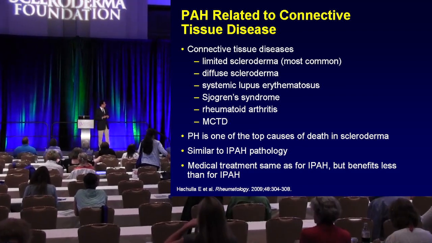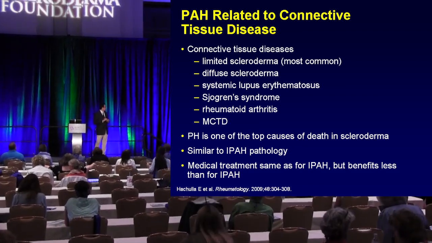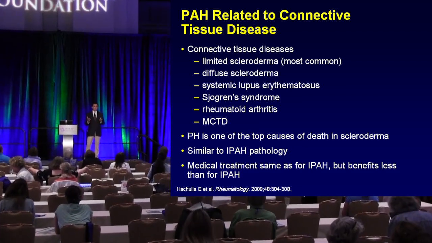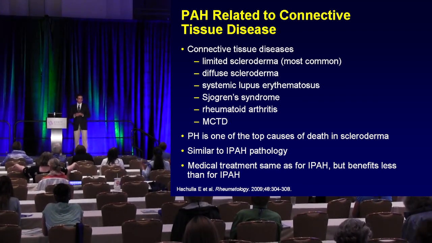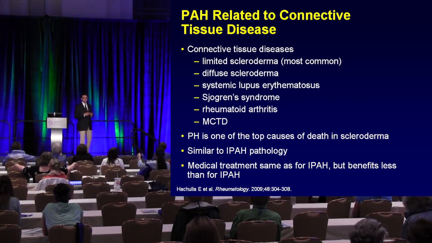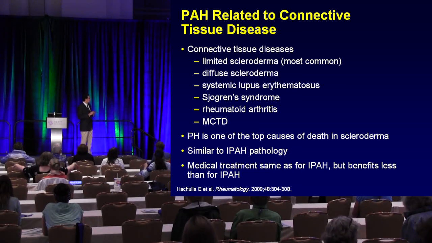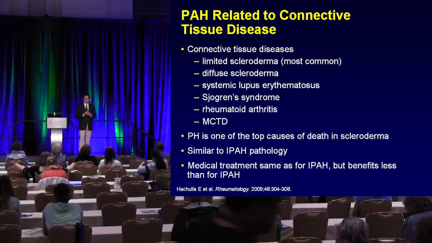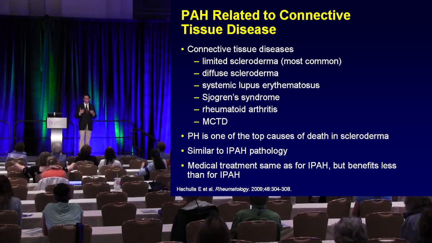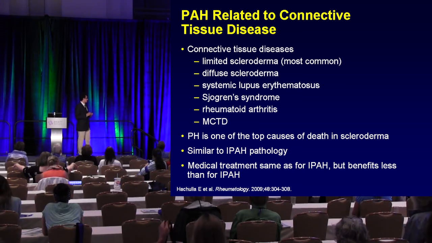So pulmonary arterial hypertension is seen in all the connective tissue diseases. If you have rheumatoid arthritis, scleroderma, or lupus, PAH is seen in all of those diseases. And pulmonary hypertension is one of the leading causes of death in scleroderma. If not treated appropriately, it is the leading cause of death.